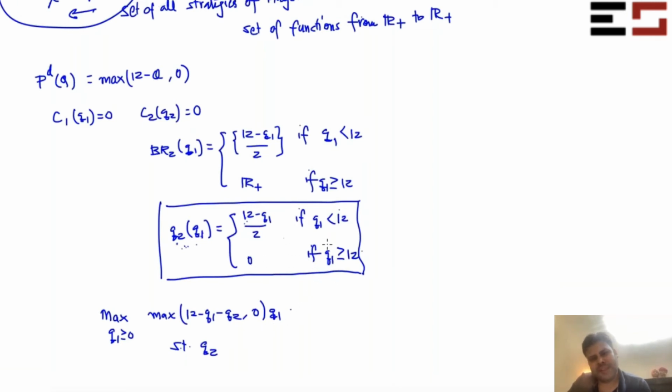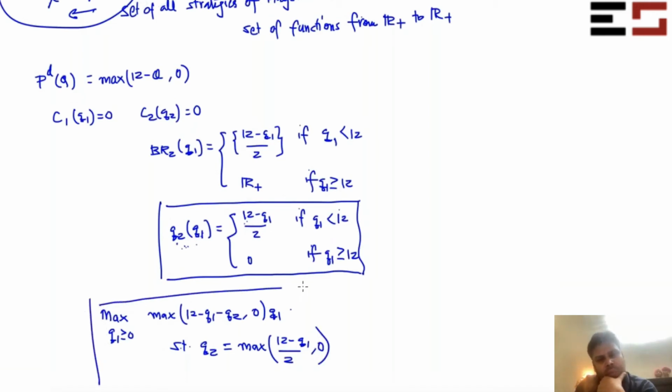Which means you can write it like this: Q2 is max of 12 minus Q1 by 2 comma 0. So player 1 will solve this optimization problem.